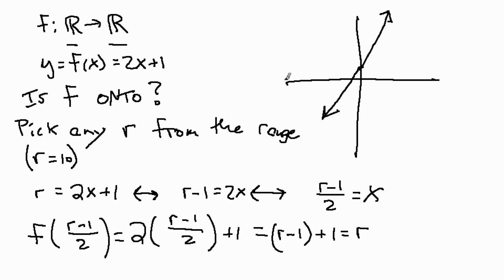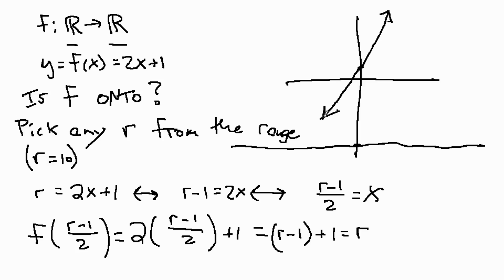Another way of saying that is, look, come over here to any value on the y-axis you like. There's a value on the y-axis. And now, again, I can draw a horizontal line. And the question is does that intersect the graph of this function?